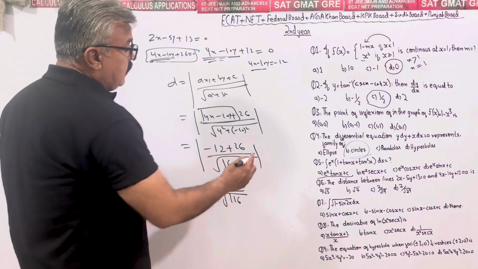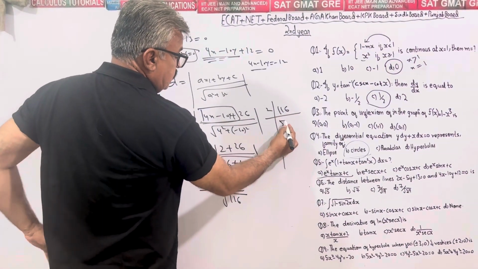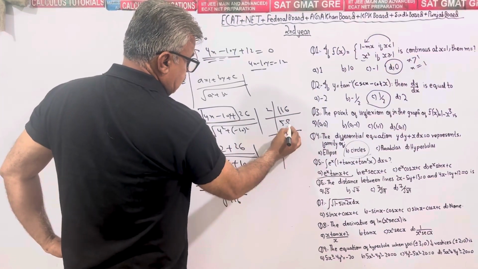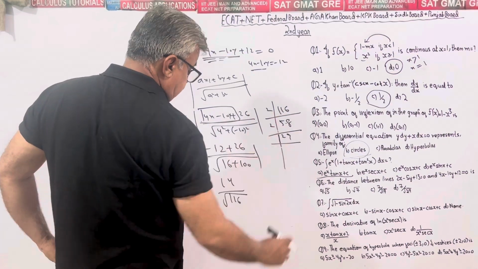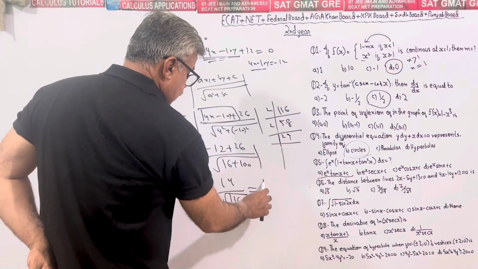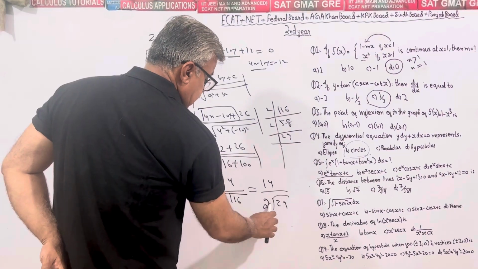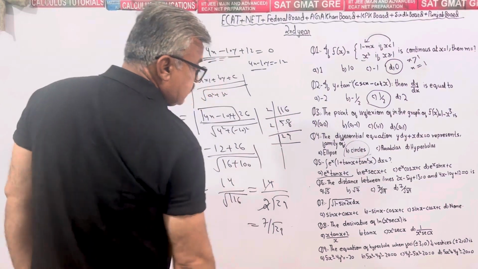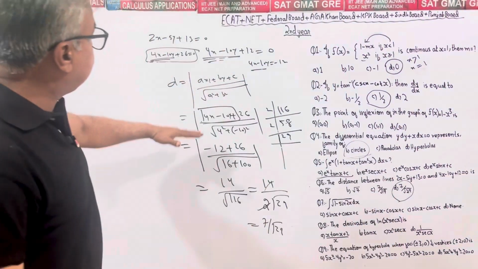Or one can find the factors in order to simplify 116: 2 times 58, 2 times 29, and 29 is prime. We have 14 over 2 root 29. Cancelling out, the answer is 7 over root 29. Option number C. That is the value.